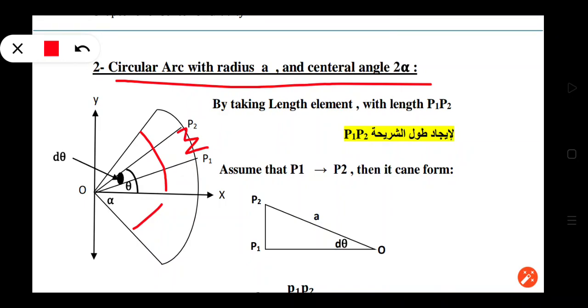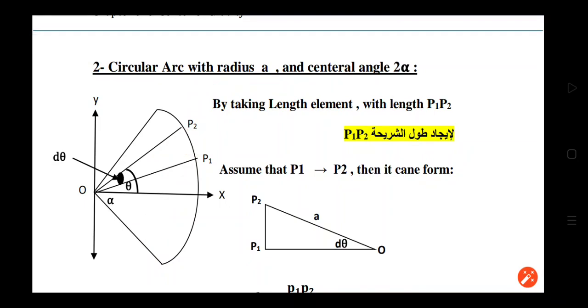We have two other angles. The first is angle theta, from B2 to the x-axis, and the angle between B1 and B2 is a part of theta. We can say that it is equal to d theta.